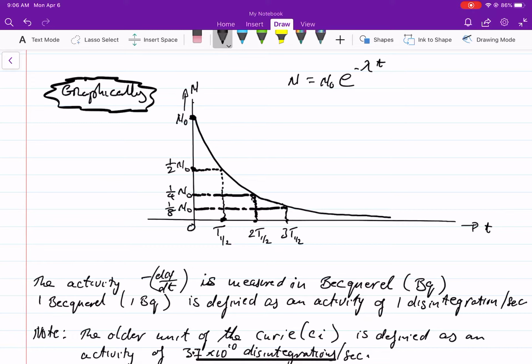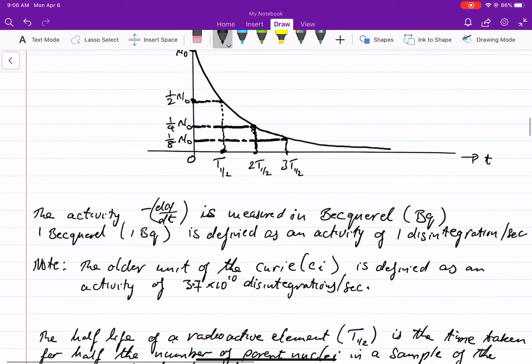So regardless of the initial number of atoms present in the sample, the half-life would be the time taken for half that number to disintegrate. So this is a very interesting graph that you can use to calculate the half-life of a radioactive substance.